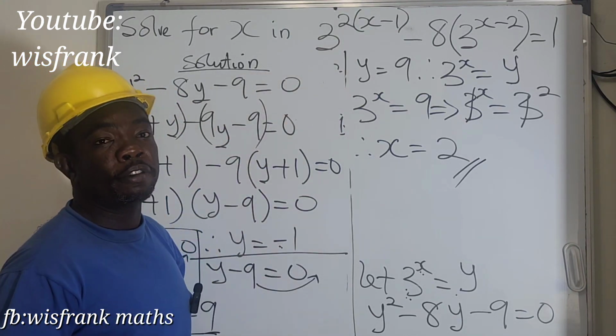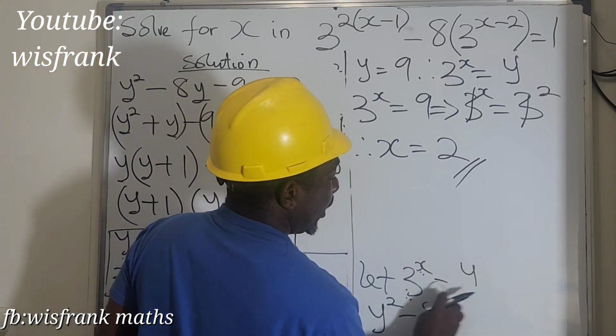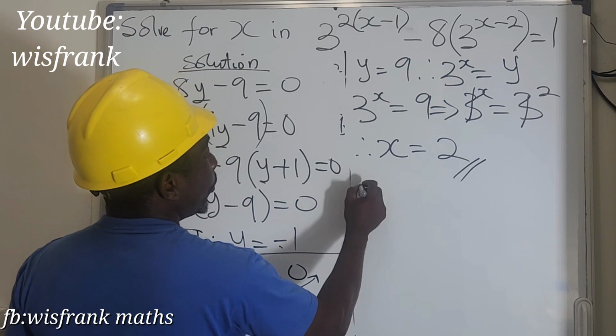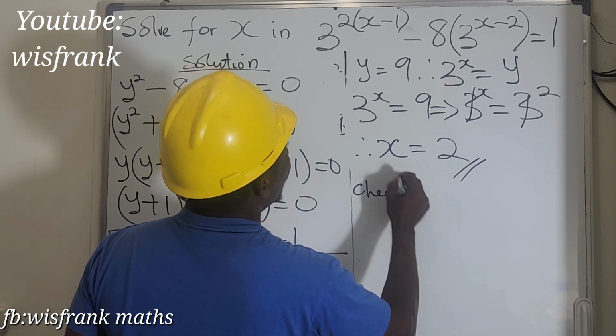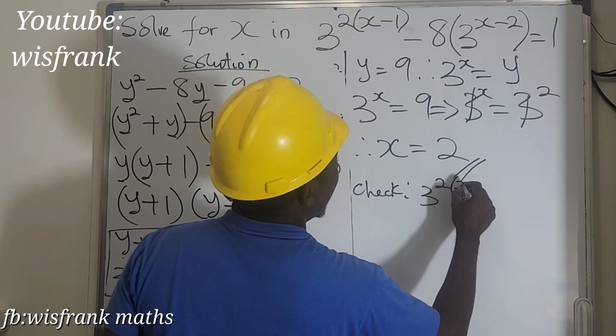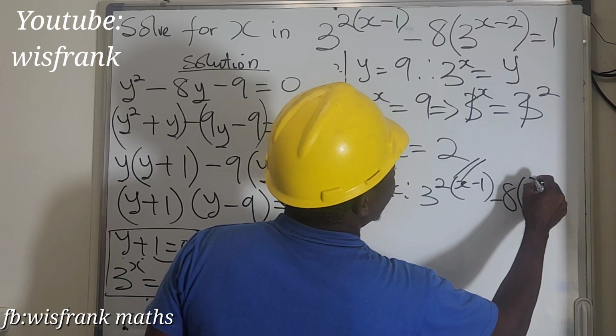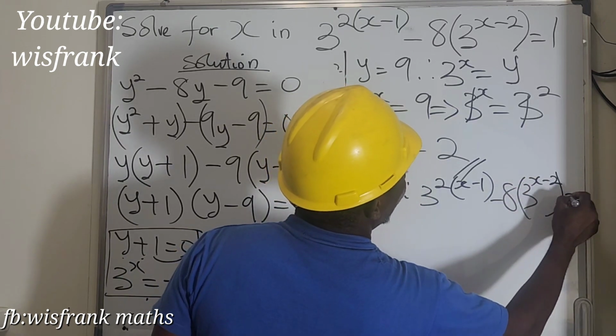But we can do a little check for us to see whether value of x equals to 2 satisfies that equation. So we say check. Then we were given 3 to the power of 2 into x minus 1 minus 8 into 3 to the power of x minus 2 equals to 1.